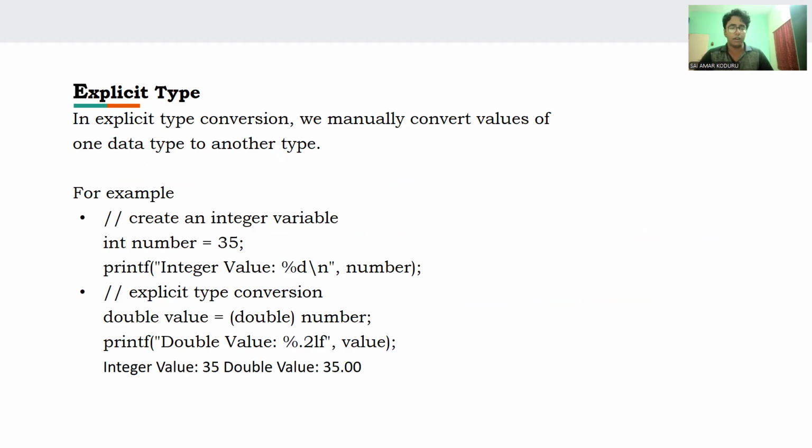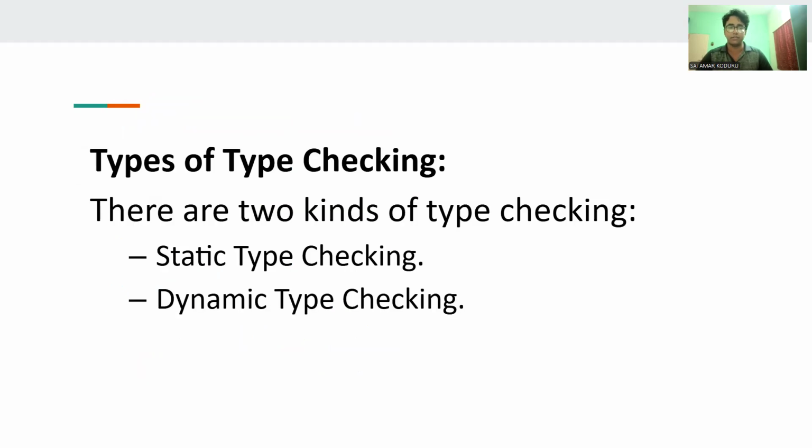Now we want to convert this int value to double. So the programmer, which is us, will write double value equals double of number. Number here is an integer variable. By this way, we can convert the integer value to the double value, so we get the double value equals 35.00.